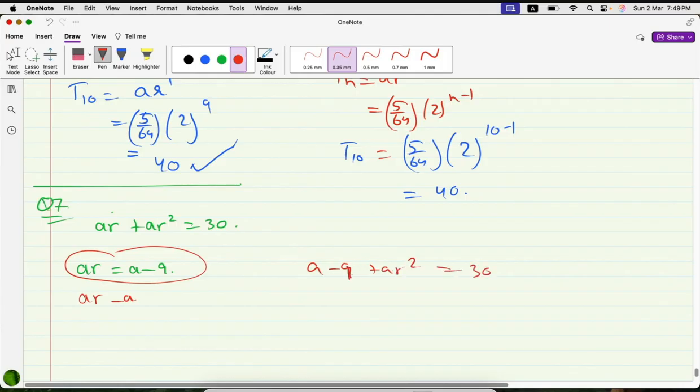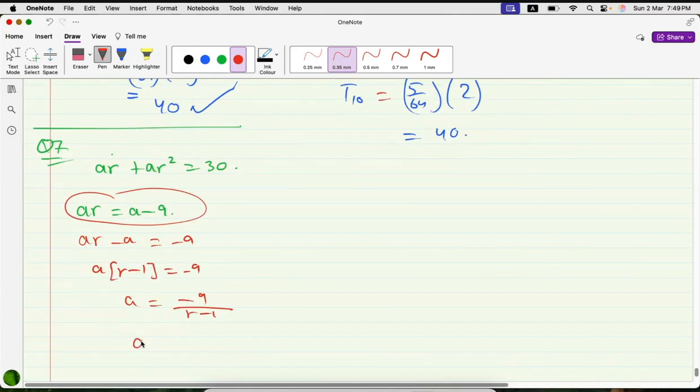There's still two unknowns, A and R. That's why I'm trying to make one the subject. Rearranging, I take A as common. A into R minus 1 equals minus 9. So A is equal to minus 9 over R minus 1. Rearranging a little more, that is 9 over 1 minus R.